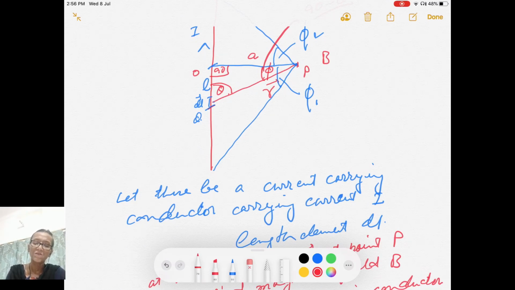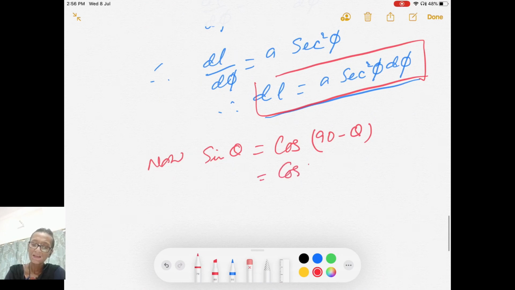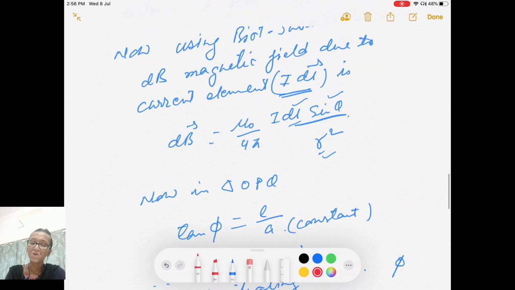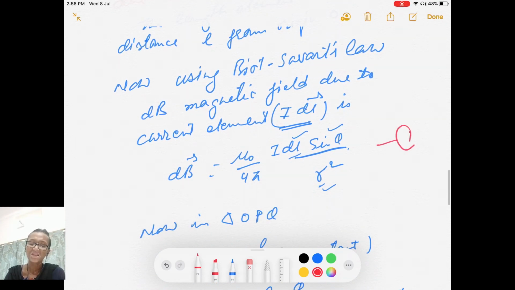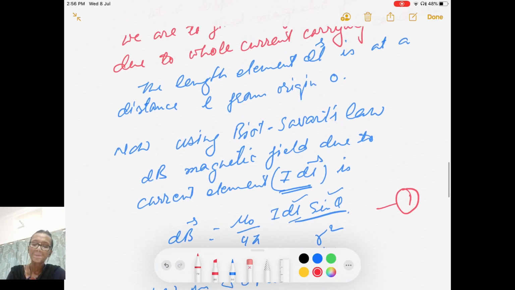So sine theta is equal to cos phi. This is another piece of information that we'll be using. Let me name it equation B. Name this as equation 1, this as equation A.